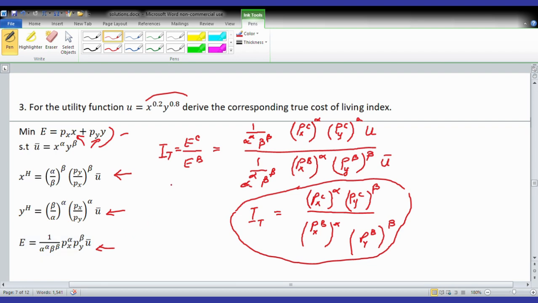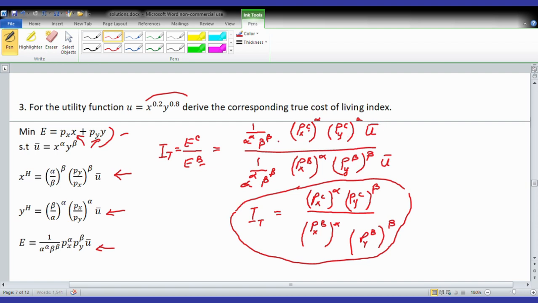Then we know that the true cost of living index is equal to the expenditure to attain a particular utility level at current prices divided by the expenditure to attain the same level of utility at base year prices. I have put this C to indicate the current price, and this is the base year utility u bar.